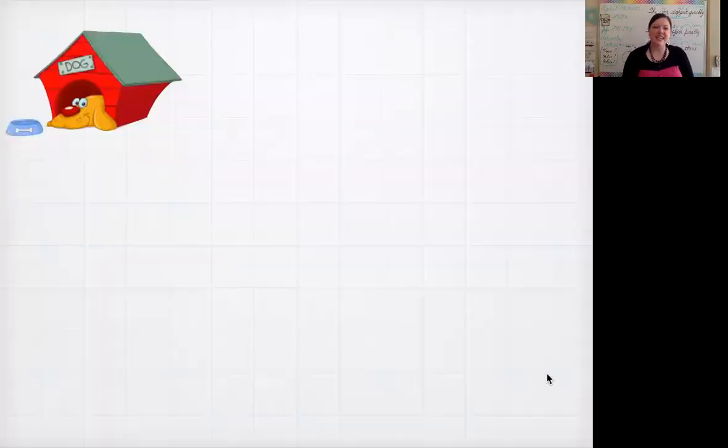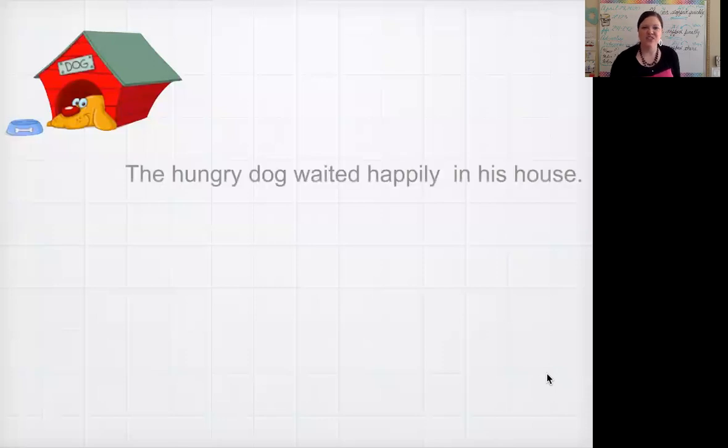As we're getting started and talking about our adverbs, let's take a look at this one here. The hungry dog waited happily in his house. Now, what I like to do is if there is a prepositional phrase in the sentence, I like to go ahead and find that first and mark that with parentheses. Then I'm all set to find my subject. We know that this whole sentence is about that hungry dog. Well, what is that hungry dog doing?